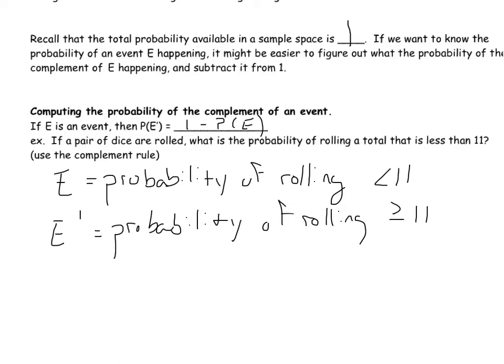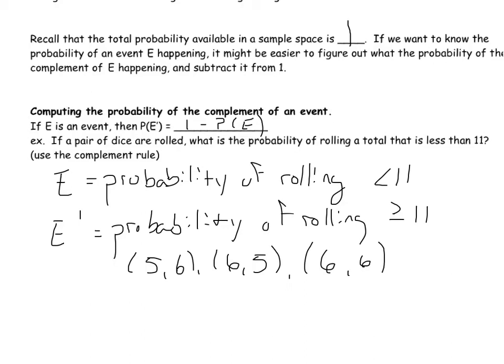So if we think about it, how many ways can we roll an 11? 11 would be greater than or equal to 11. We could roll a 5 and a 6, and then a 6 and a 5. That would be equal to 11. That's the only two ways you could do that. And then the only other way to get greater than or equal to 11 would be a 12, which the only way to do that would be a 6 and a 6.